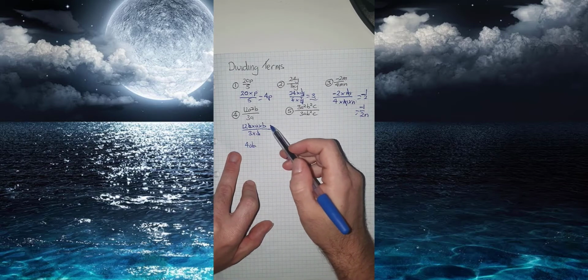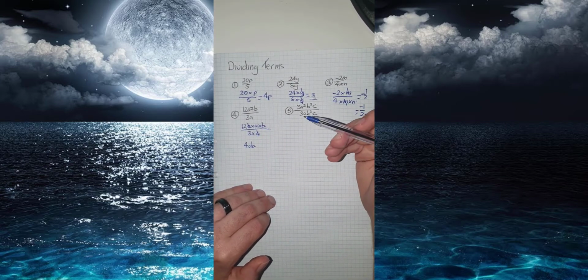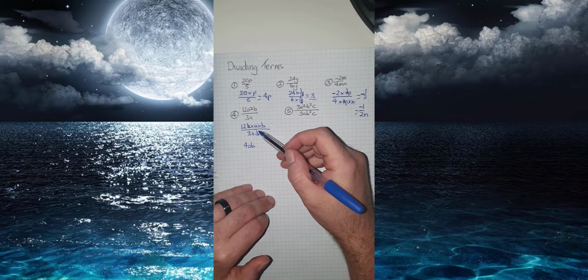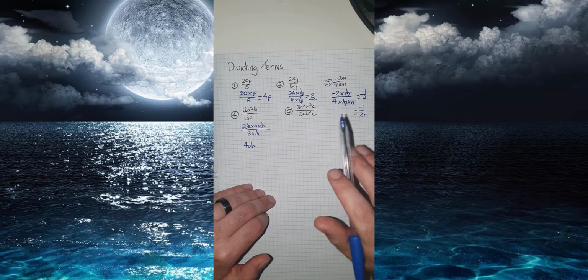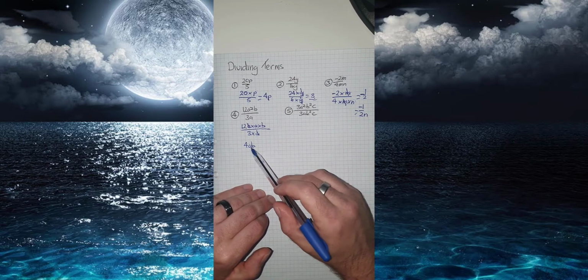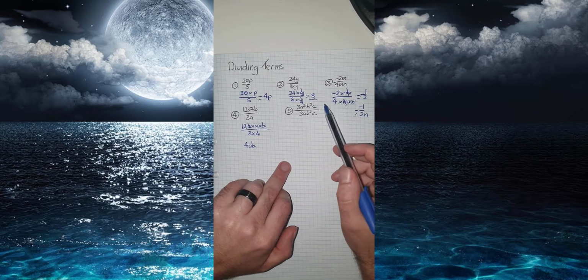If this was a fraction, this a and b would be put on the numerator side. I wouldn't be able to put it on the denominator side, at the bottom. So just remember that whenever you're left with a fraction, the pronumeral has to stay on the same side as it is in the question. Luckily here we do not have a fraction, which makes it a little bit easier.